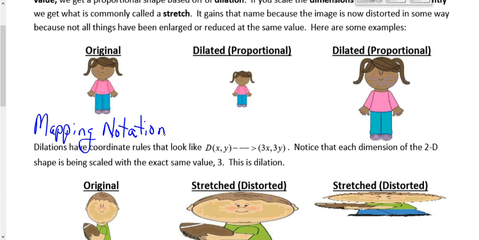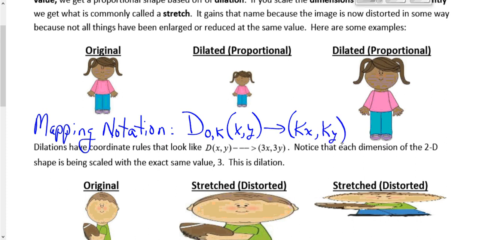Dilation, subscript, center, whatever it is, comma, K, scale factor, of some point X, comma, Y, the arrow means maps to, K X, comma, K Y. That's assuming we're centered at the origin for our dilation, okay?